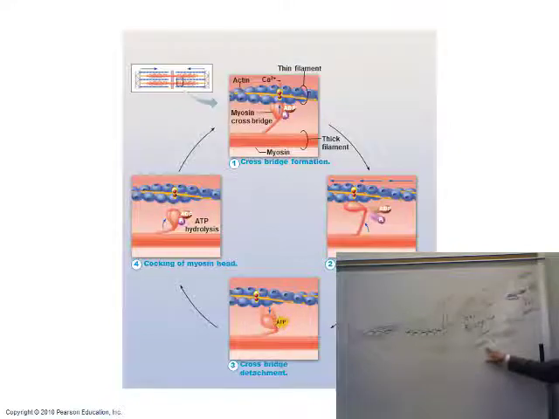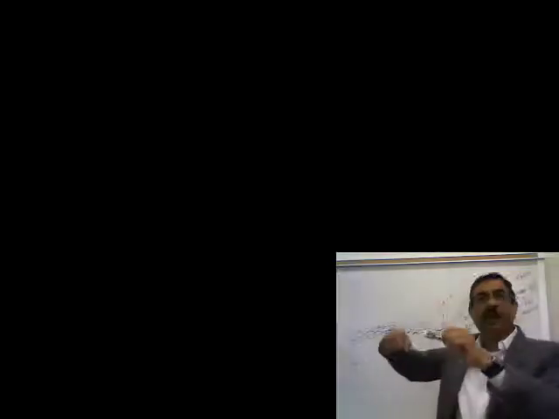So now, the myosin head has the binding site for actin, but the myosin head also has a site for ATP. You must know ATP is what? The source of energy. So what happens after the cross bridging? Next is the power stroke, right? Bending of the head. To bend the head, you need what? ATP.